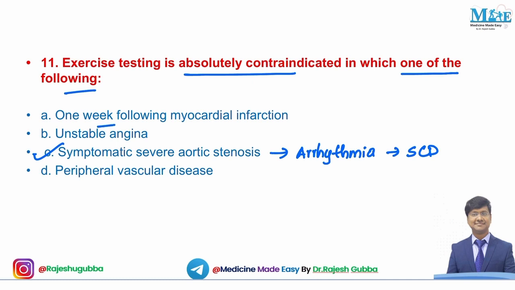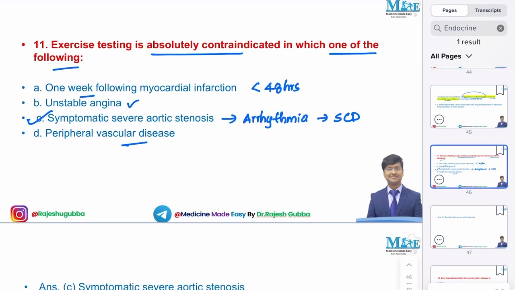Whereas 1 week following MI, yes, the TMT can be done, but within 48 hours of myocardial infarction, the TMT is absolutely contraindicated, right? Unstable angina, okay, it can be, right? Again, it's a relative type of contraindication. Peripheral vascular disease, it is not an absolute contraindication. Okay, next question.